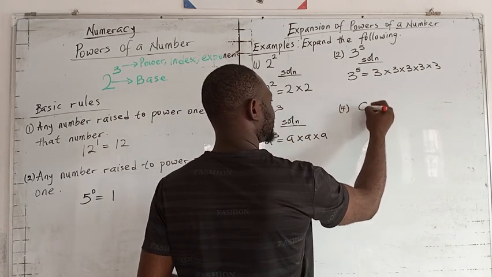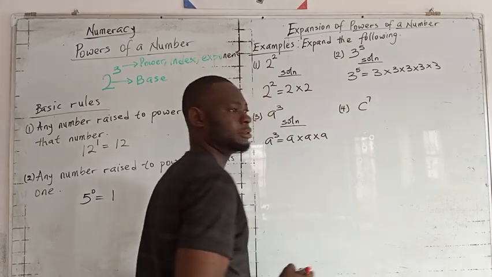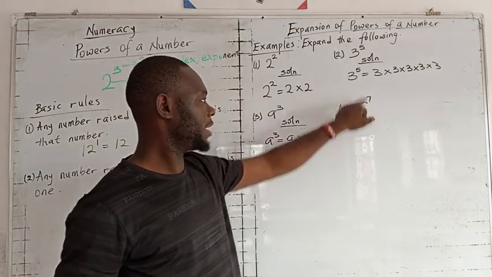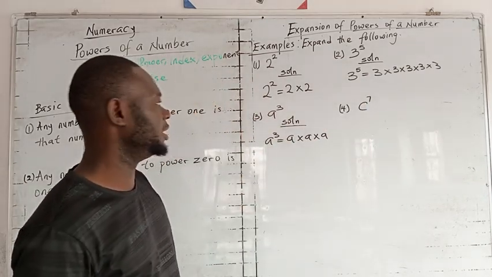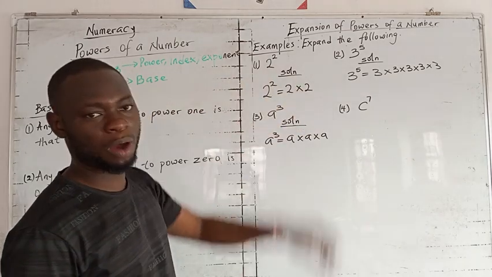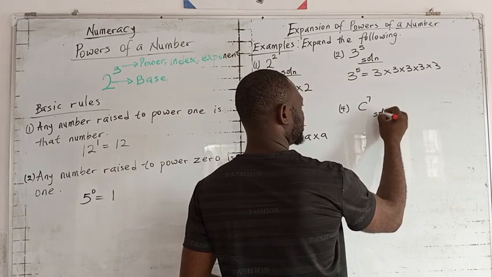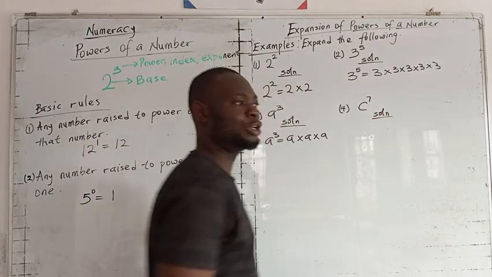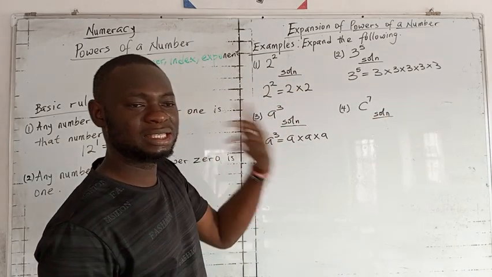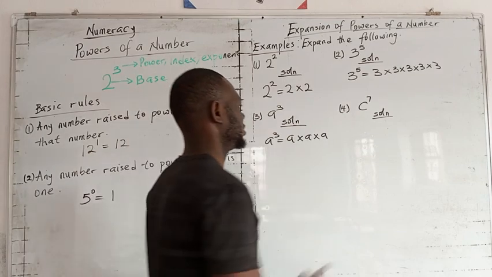Let's say here I have c to power 7. C exponent 7, or C index 7, or C raised to power 7. And what does it simply mean? We multiply C in 7 places.